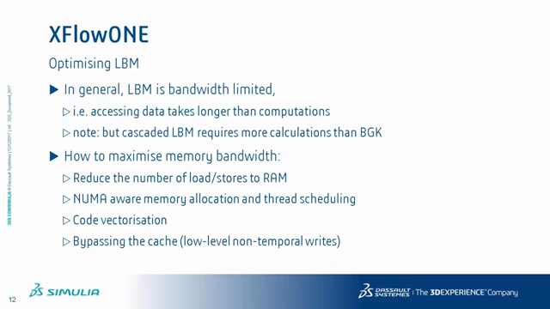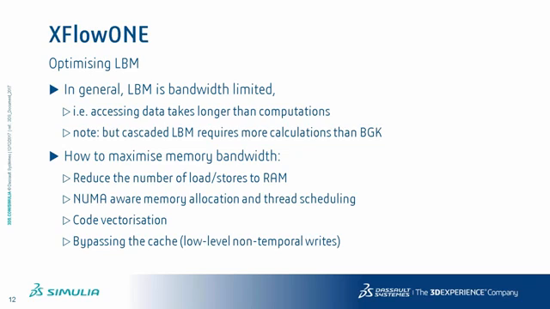We do have a specific development branch on that, and we have one of our best developers working on it, and he came up with a few tips and tricks to reduce the memory usage and to maximize the bandwidth.